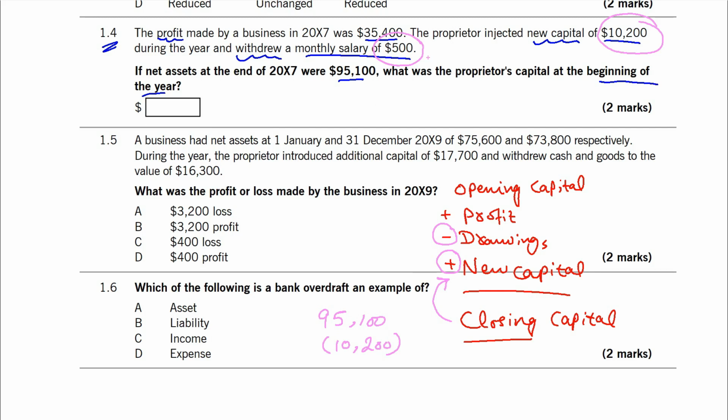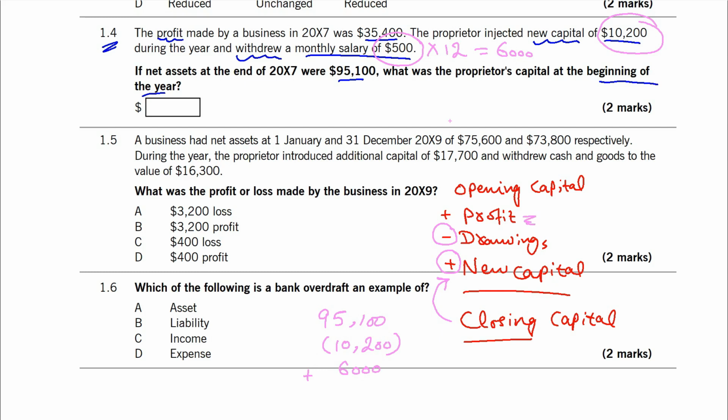Now please remember one important point: we have to consider the full year's drawings. So for that purpose we will multiply this 500 by 12 months, and that's how we will get 6,000, which is our full year's drawings. So we will add this 6,000 to this amount. Then we have profit.